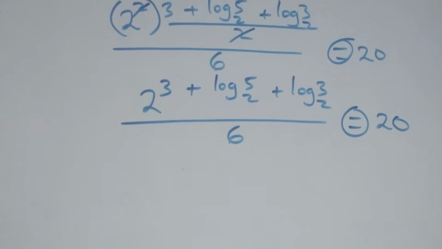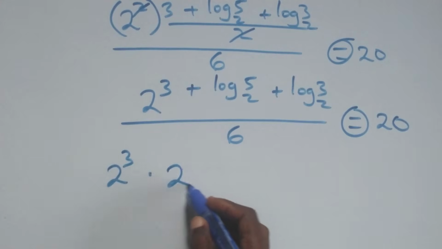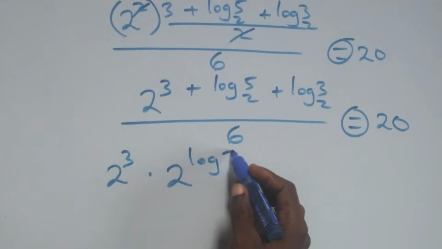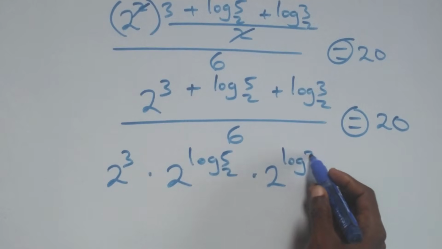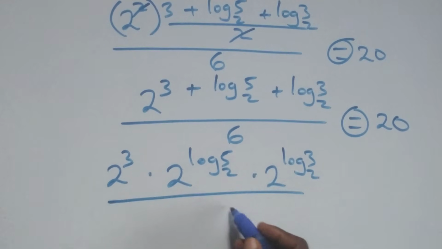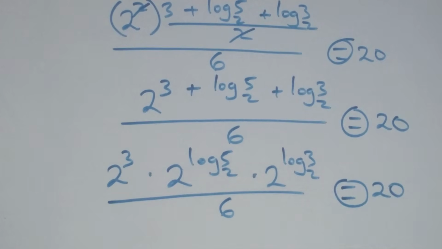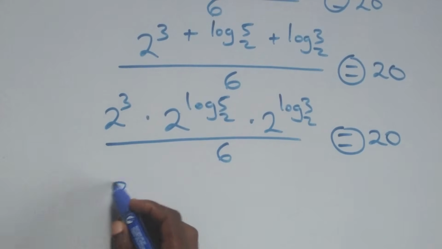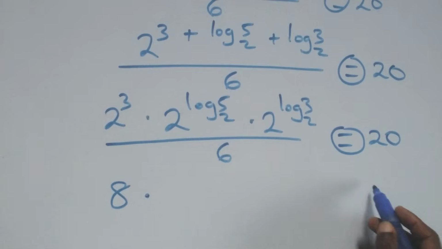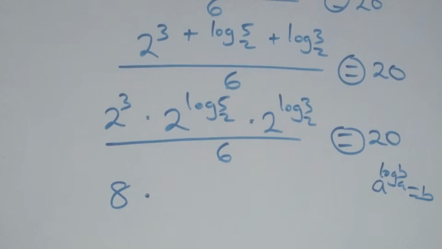And this follows the law of indices, and we can write it as 2 raised to power 3 times 2 raised to power log 5 base 2 times 2 raised to power log 3 base 2 all over 6. Is it equal to 20 on this side? And 2 raised to power 3 here, that's 8. And this follows when we have a raised to power log b base a, which equals b.